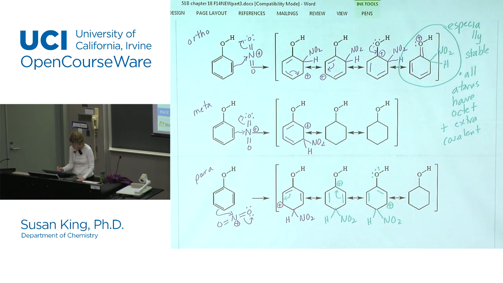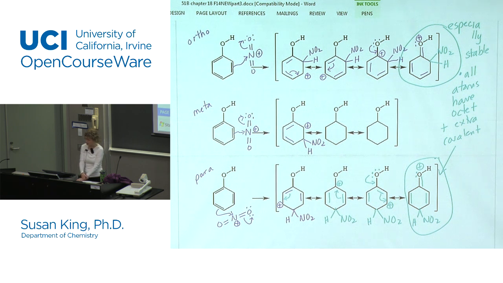I could have drawn this as my 3rd structure, but I'm just going to do it right now. That looks like this. And you can see that once again, we have this extra resonance structure that's especially stable. So let's circle that. We have a lone pair on oxygen, we have a positive charge, and there's our especially stable resonance structure. So the ortho and para always go together, and you can see that we're going to get a 4th resonance structure that's especially stable.